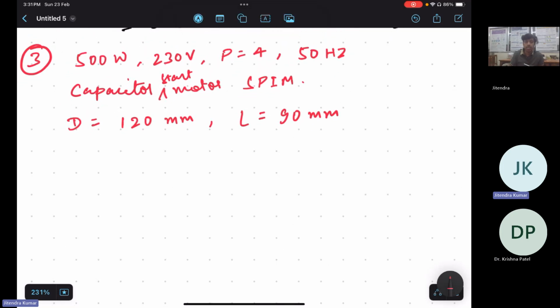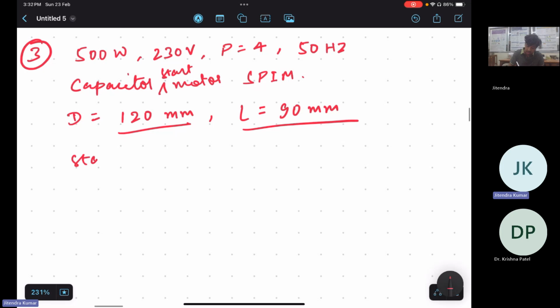So bore diameter here is given as 120 mm. Stack length is given as 90 mm. Now stator outer diameter is also given, 190 mm.